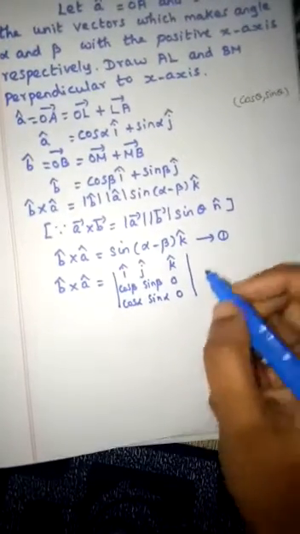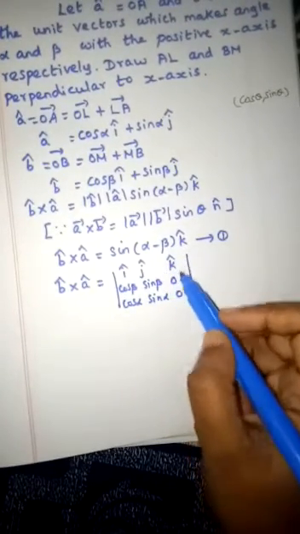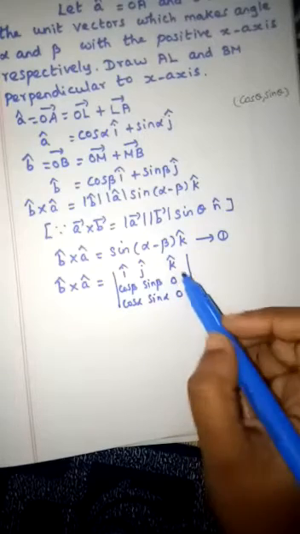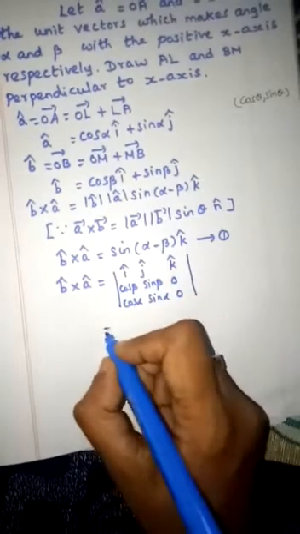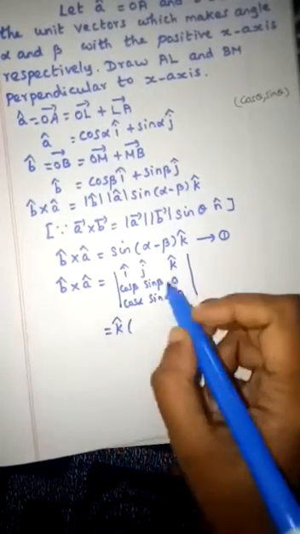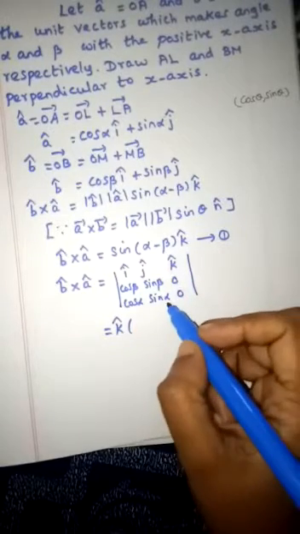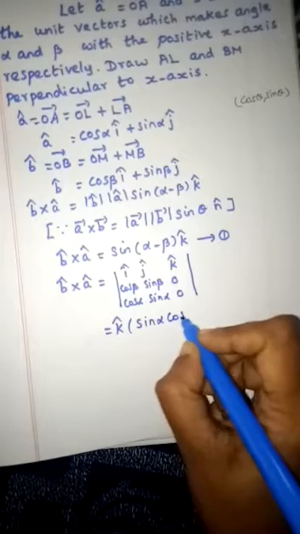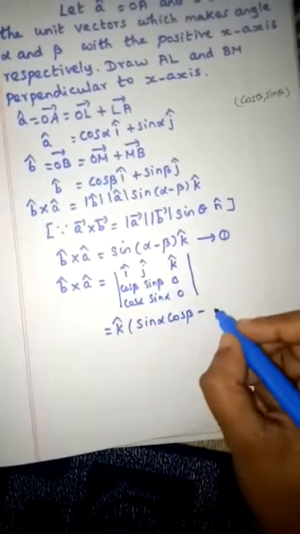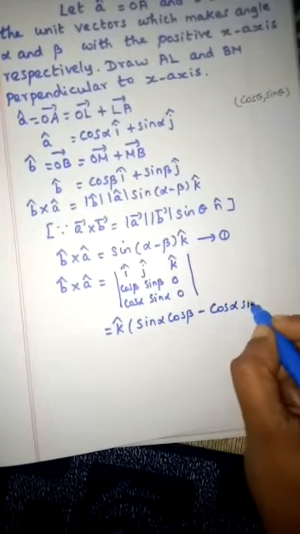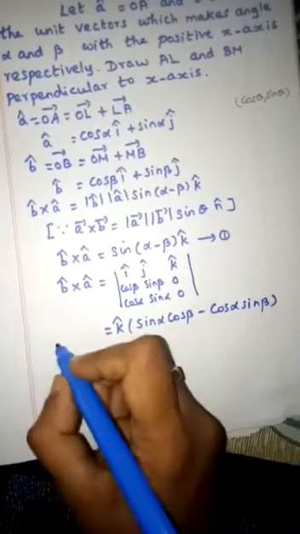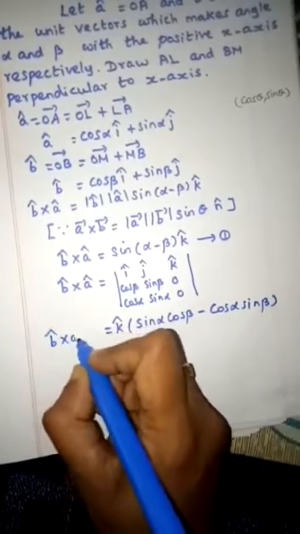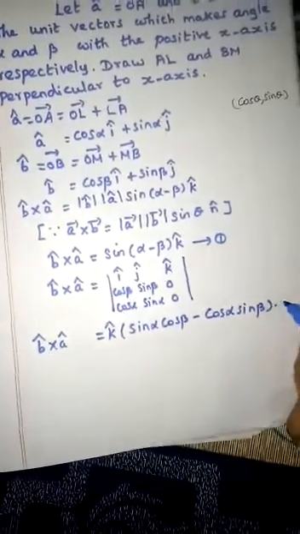Now you can expand it along the last column. K cap alone I will take. It is equal to K cap into, leaving the first row and last column, sin alpha cos beta minus cos alpha sin beta. Here we have B cap cross A cap. This is our equation 2.